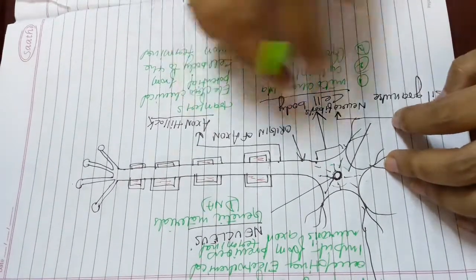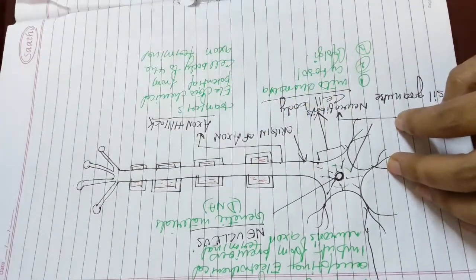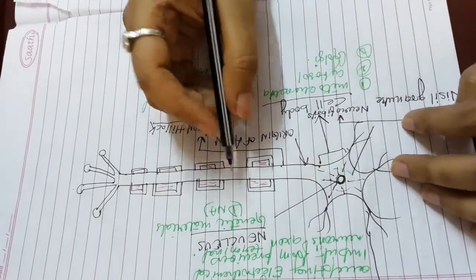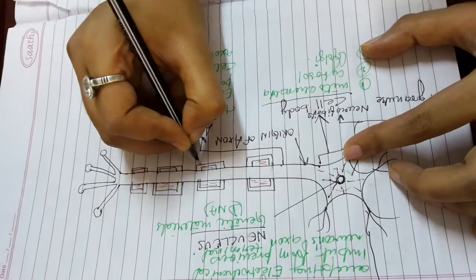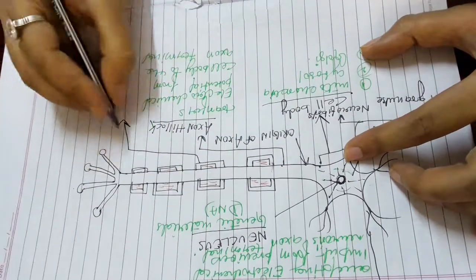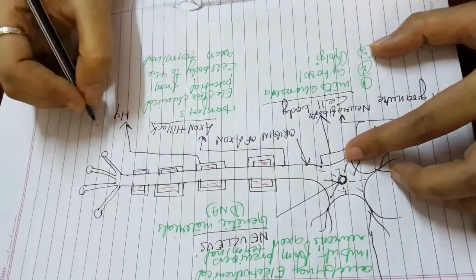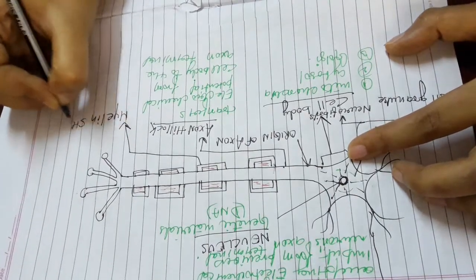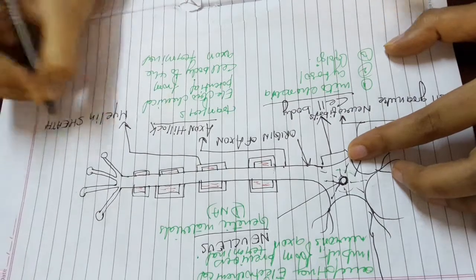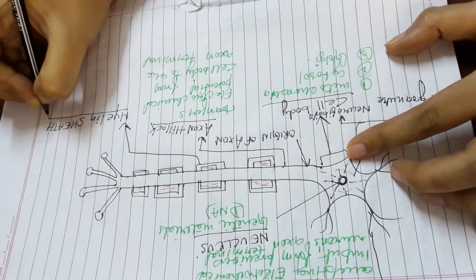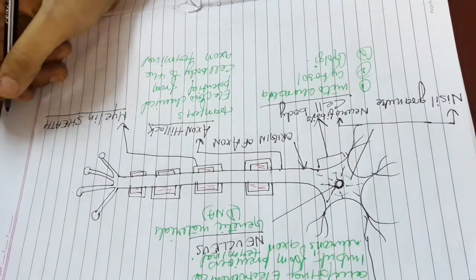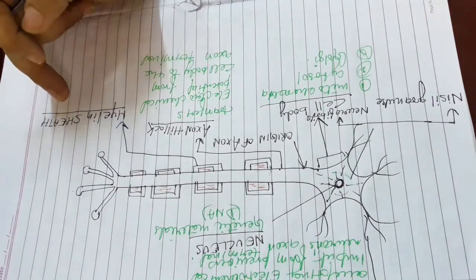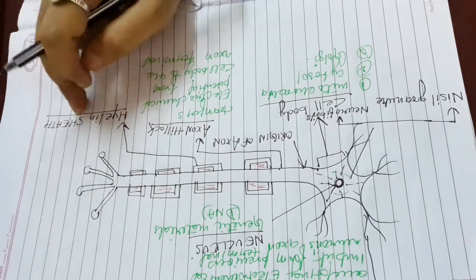Next we will see the other parts. This part is called the myelin sheath. The myelin sheath performs saltatory conduction. First of all, I would like to explain the composition of myelin sheath.